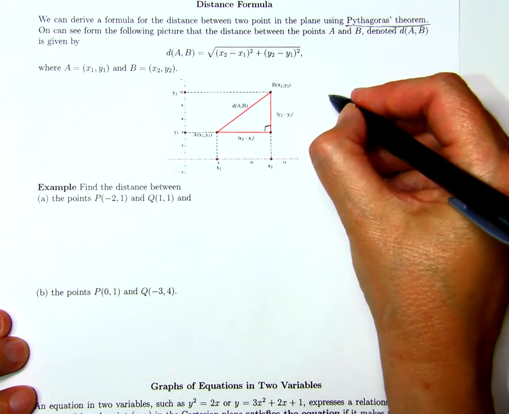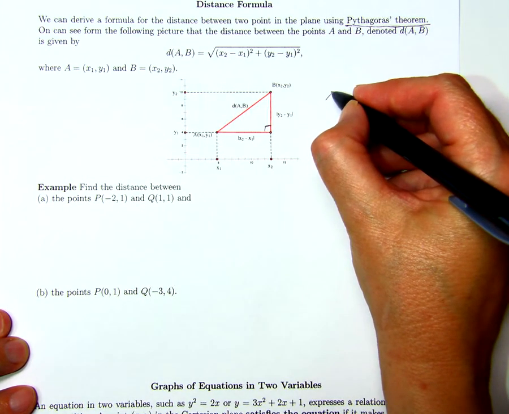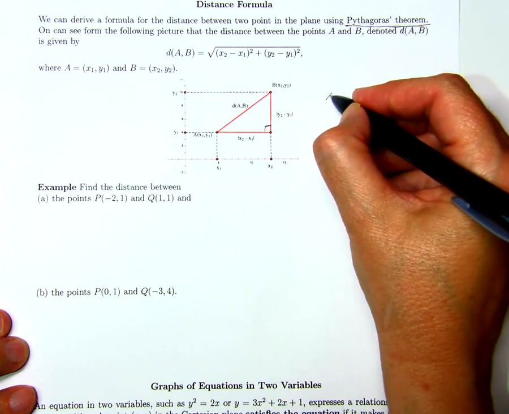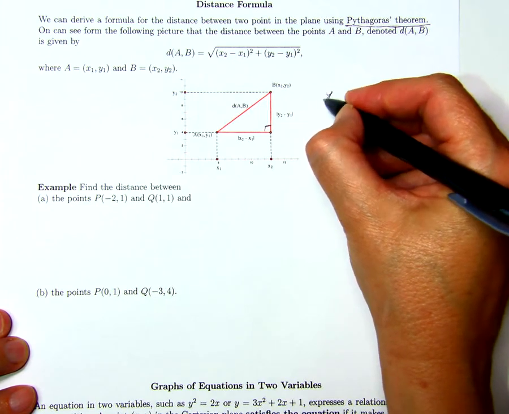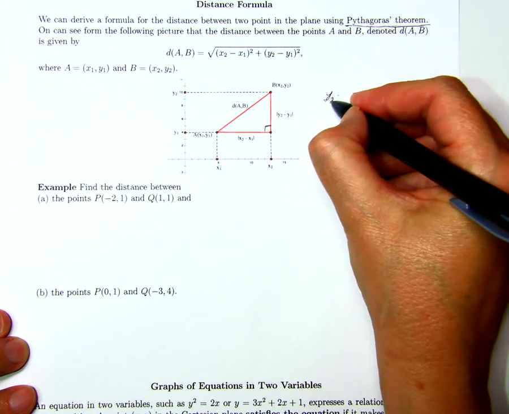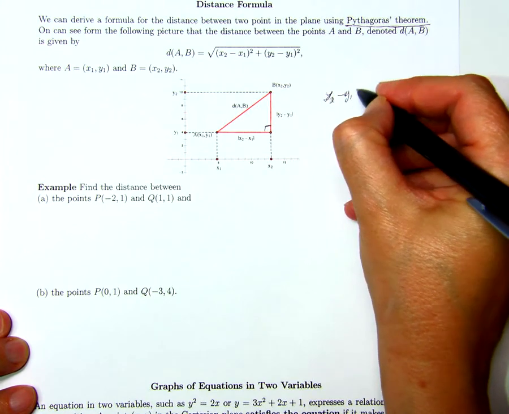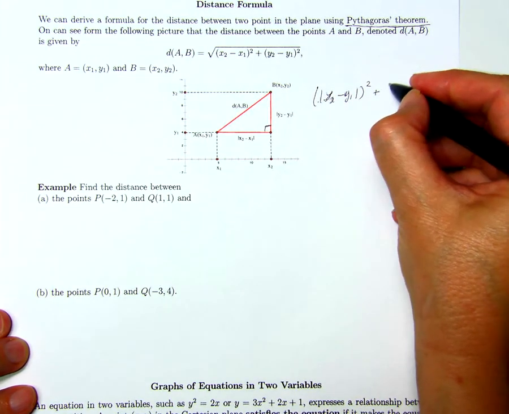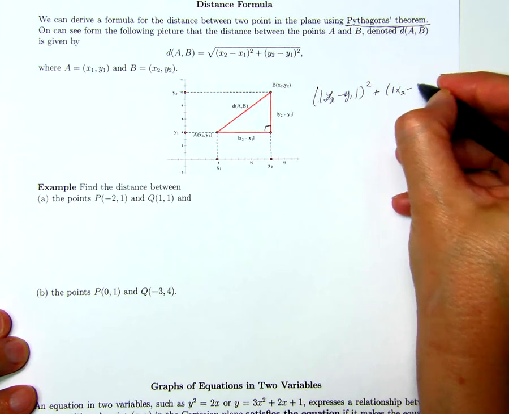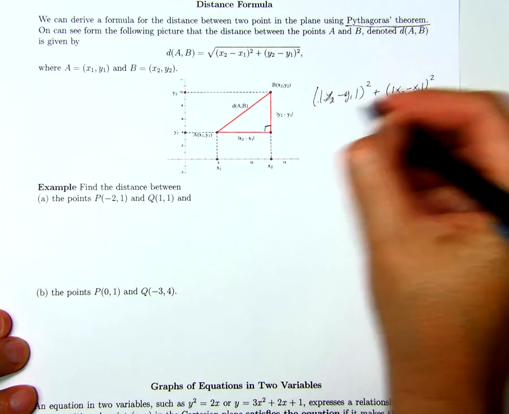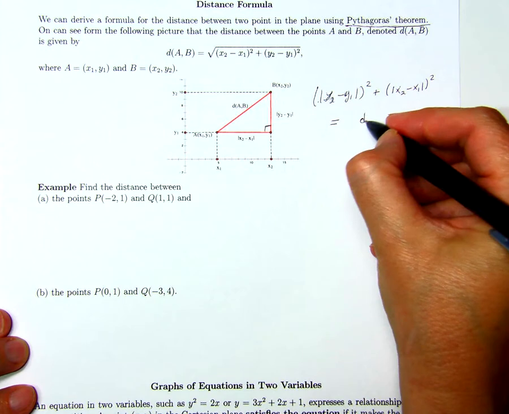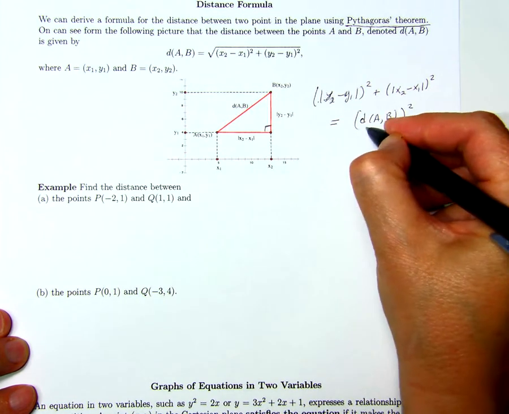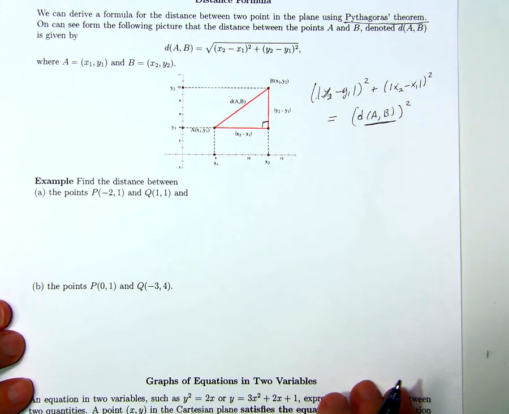So Pythagoras says that the square on the hypotenuse equals the sum of the squares on the other two sides. So the absolute value of y2 minus y1 squared, which is just itself squared, plus the absolute value of x2 minus x1 squared equals the distance between A and B squared, using this symbol for the distance between A and B.